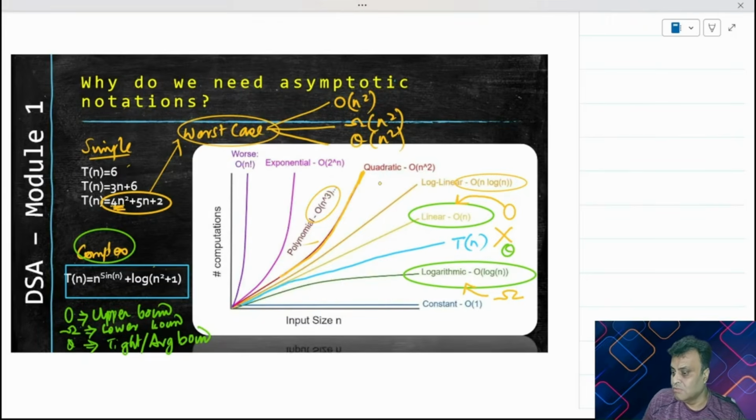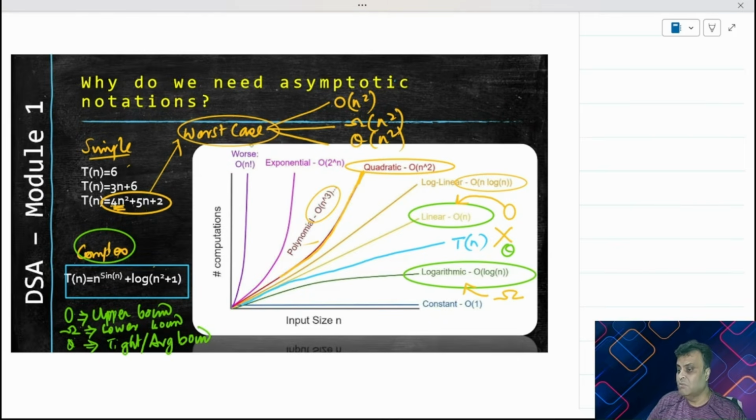So the problem is that this is a well-defined complexity class. We know that order of n square is a well-defined complexity class. As I established, this is your worst case complexity because it is arrived at from the worst case polynomial.